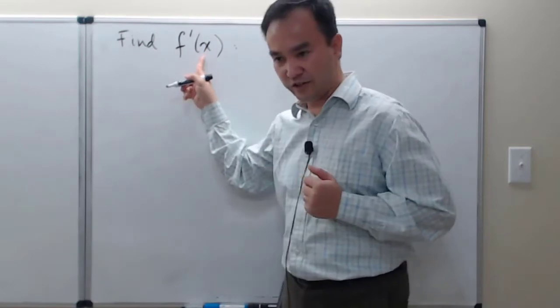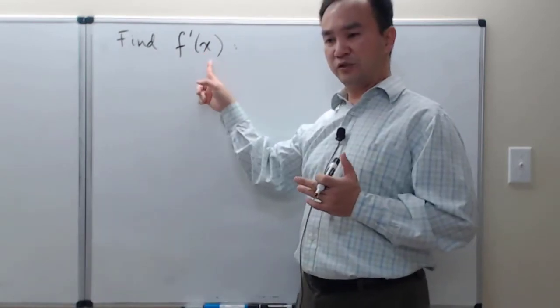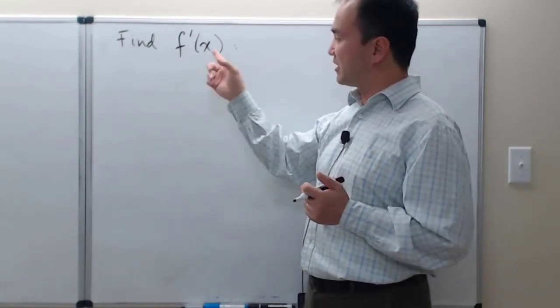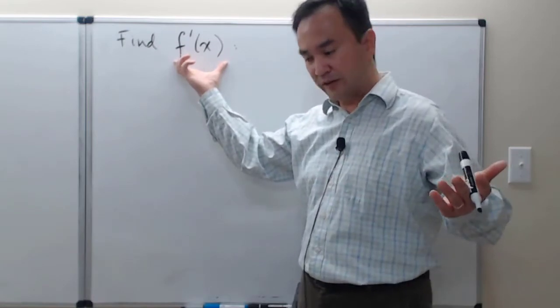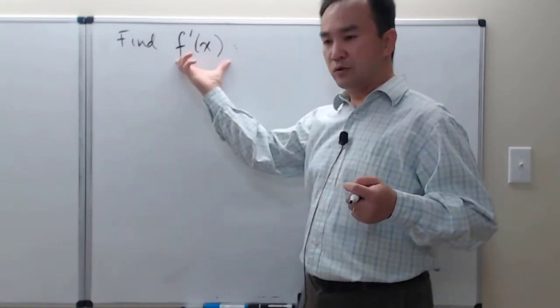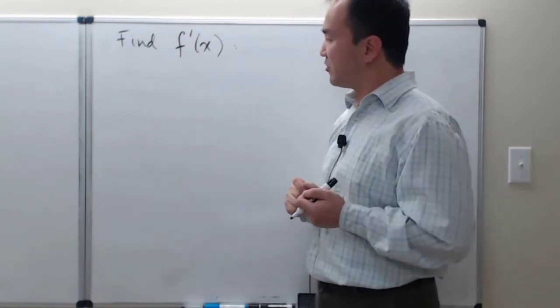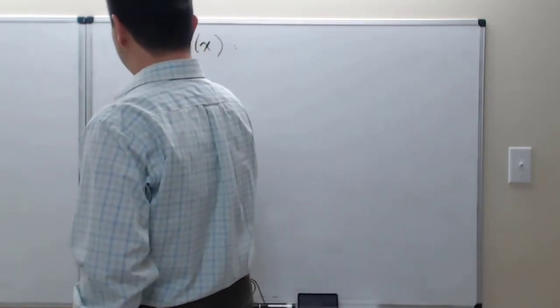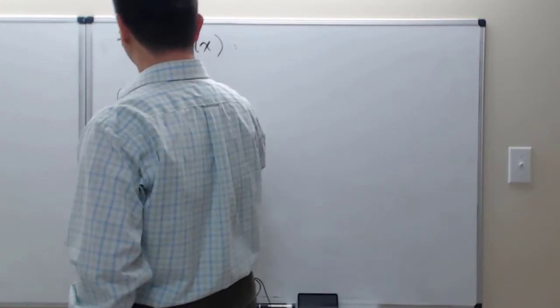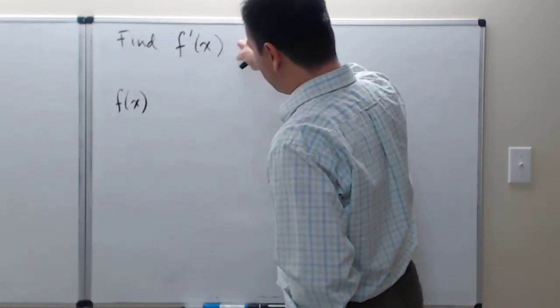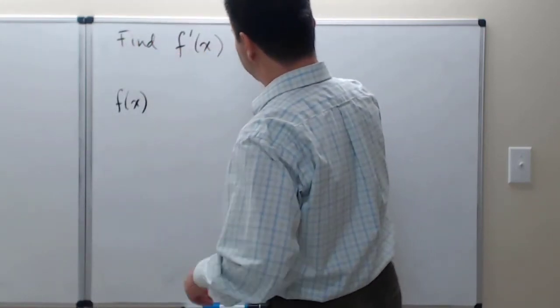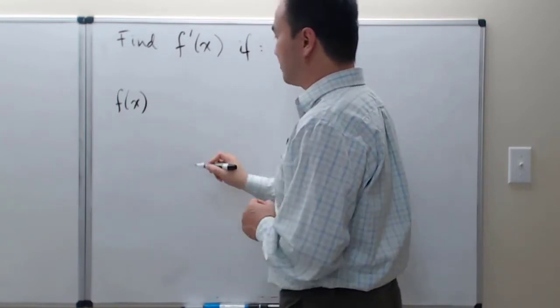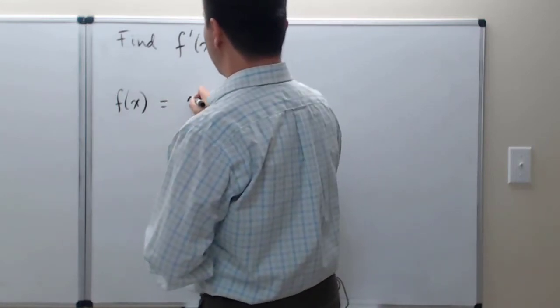Once again, remind yourself from the previous video lecture that this is just the general derivative corresponding to whichever function you are given. So how about finding f prime of x if f of x equals x squared.